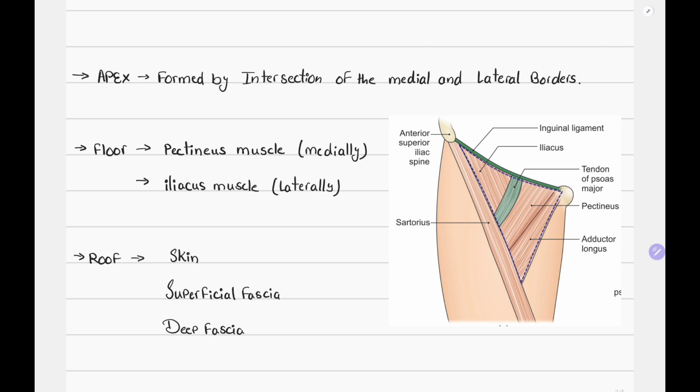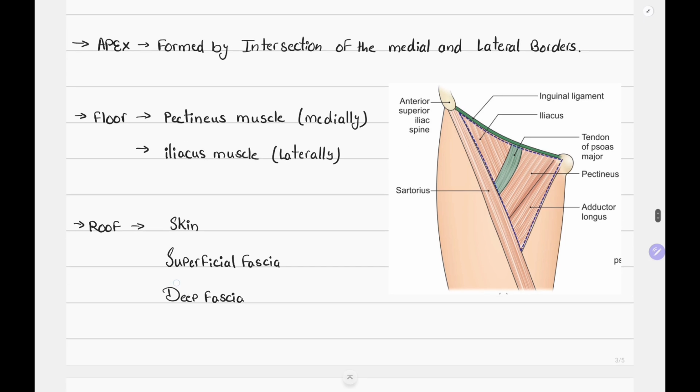We will be covering the contents in a few minutes. Laterally this floor is formed by iliacus muscle, and medially by pectineus muscle. Hope you are able to appreciate, and there is nothing to understand in this topic. You have to just visualize this and revise this over and over again to fit this in your mind.